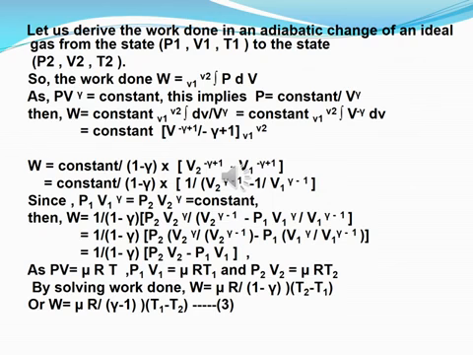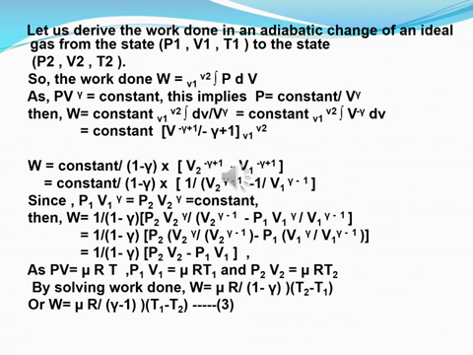Then W is equal to constant into the integration of dV by V raised to gamma from V1 to V2, which is equal to constant into the integration of V raised to minus gamma dV from V1 to V2.